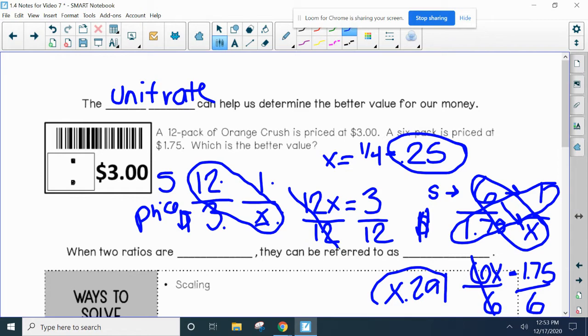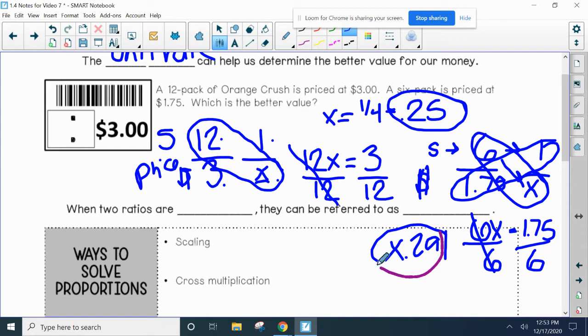So for 6 cans, it's 29 cents per can. And for 12, it's a quarter per can. Go ahead, pause this and fill that out because I've written into this next part.